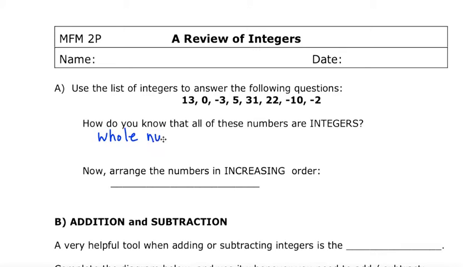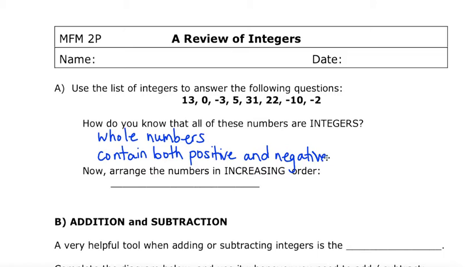We know that they are integers because they contain both positive and negative values. And we also know that they are integers because there are no fractions or decimals.